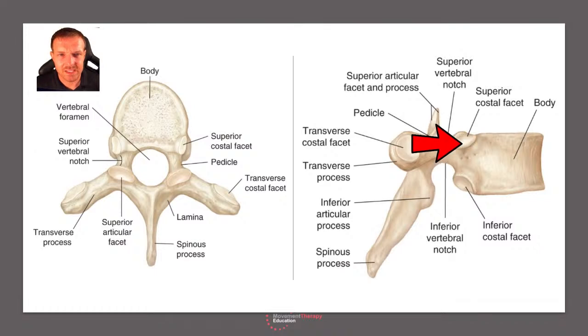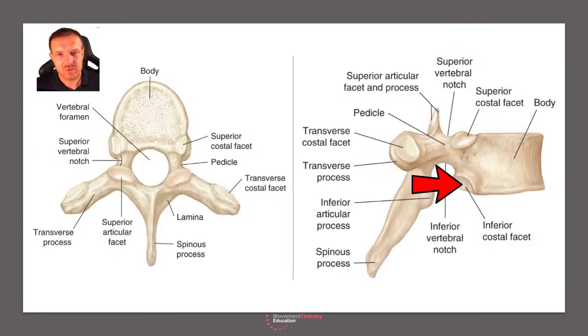If you have a look at this vertebra here, it's not like this one. Can you see that transverse costal facet? This is the side rib joint, and that's quite circular. There's a section of the rib that attaches into there.